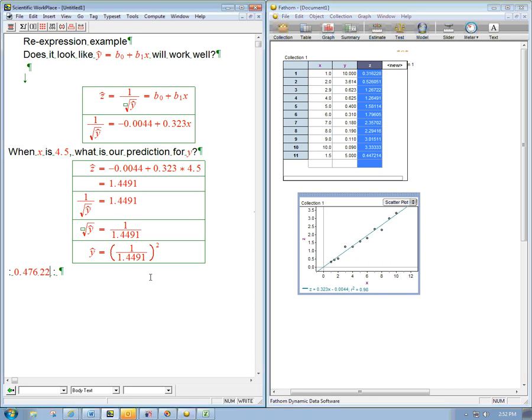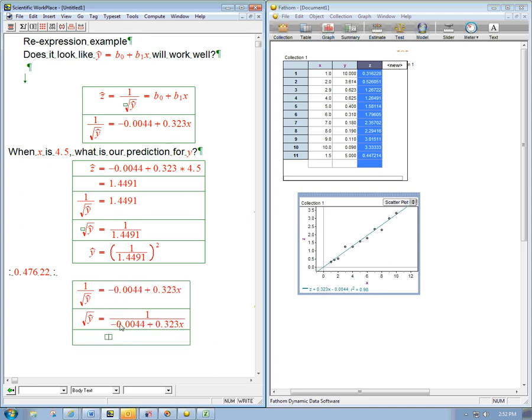The other way to do it is to solve this for y hat once and for all. It's maybe a little more sophisticated. Let's do the same thing we did on the algebra at this level. We take the reciprocal of both sides. So root of y hat is the reciprocal of all this stuff.